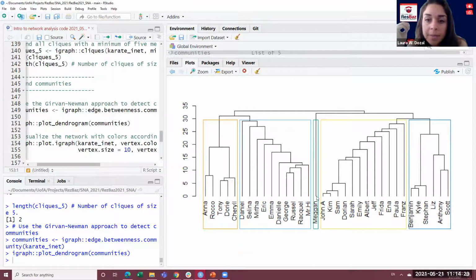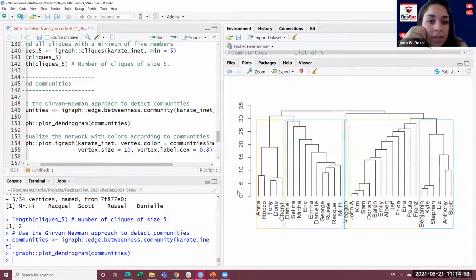And here Megan became their own community. And let's see if we can see the split. Here's John A's community. Here's Mr. High's community. And these actors along the edges and right in the middle, I guess, have created their own community based on their betweenness centralities.